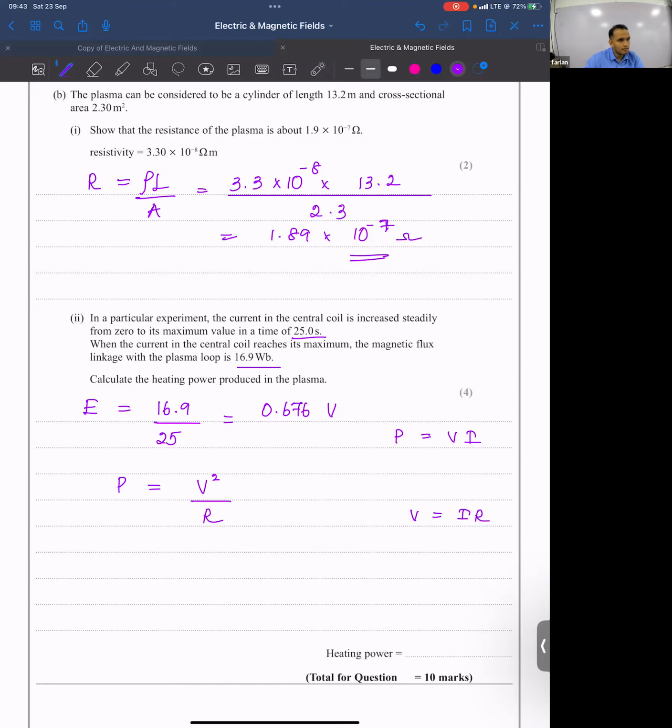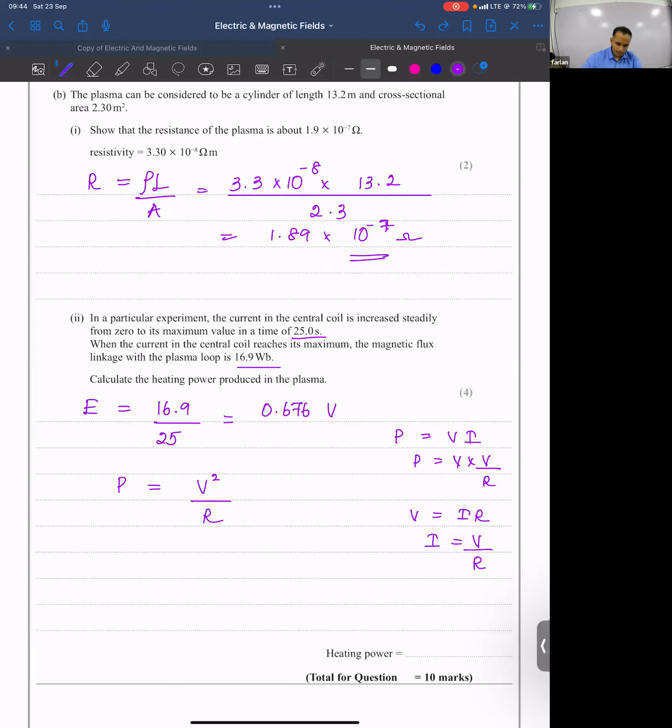So if I take I equals V over R and substitute it here, P equals V into V over R, which is V squared over R. Check your AS levels. We have learned all three equations for power: P equals VI, P equals V squared over R, P equals I squared R. Even if you don't remember, I believe at least you remember P equals VI and V equals IR. From that, you can derive P equals V squared over R.